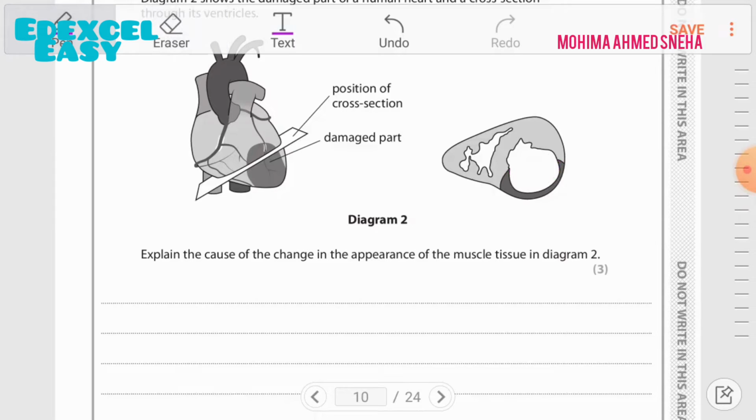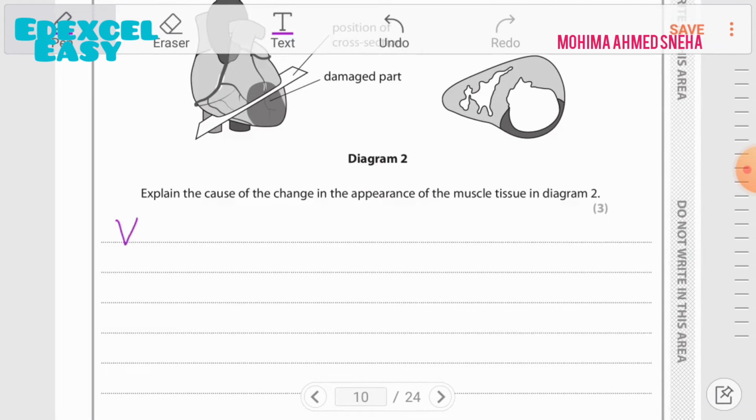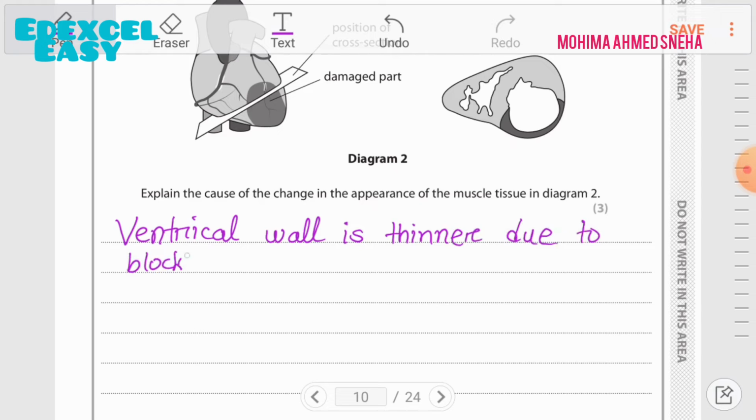So let's write it down. Ventricle wall is thinner due to blockage in coronary artery.